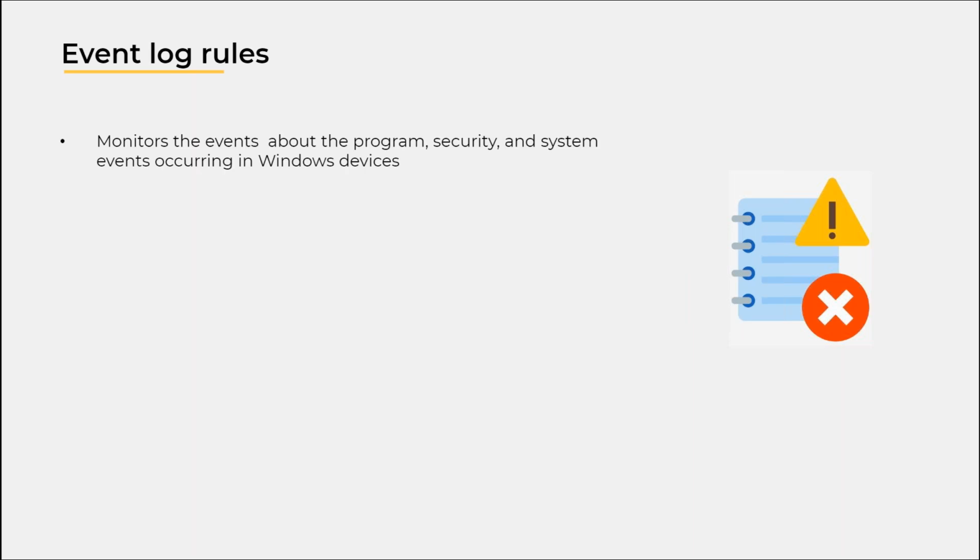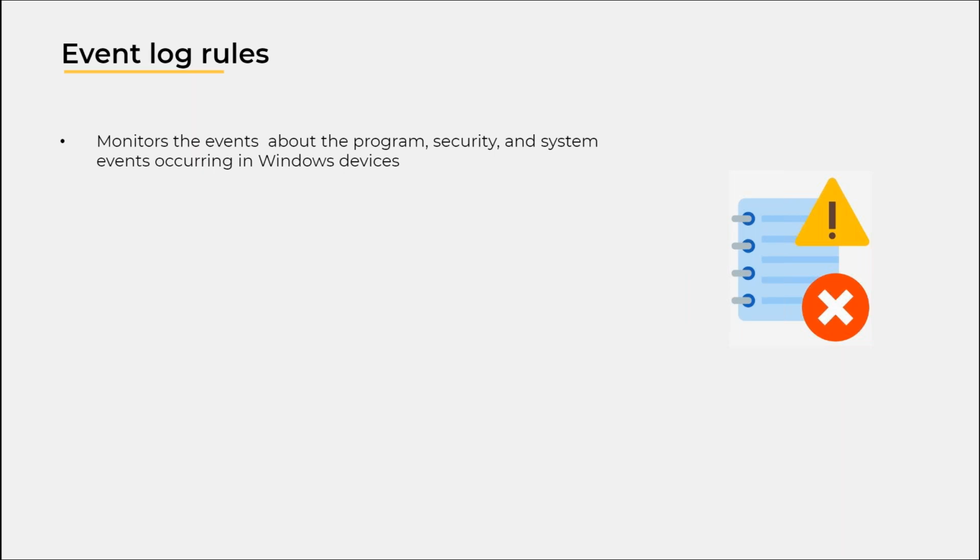In case you wanted to get alerted whenever a particular event log is raised for a particular condition or scenario, then yes, you can configure event log rules on OpManager. You can specify the priority, the severity, and the rules according to your requirement. And in case the appropriate event log is registered, then OpManager would trigger an alert.